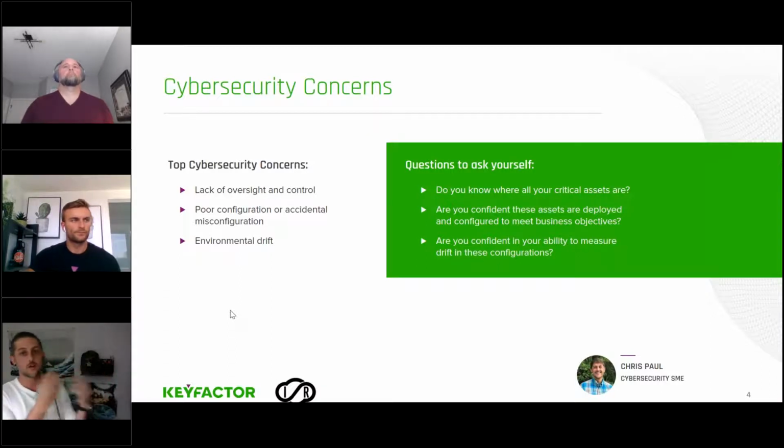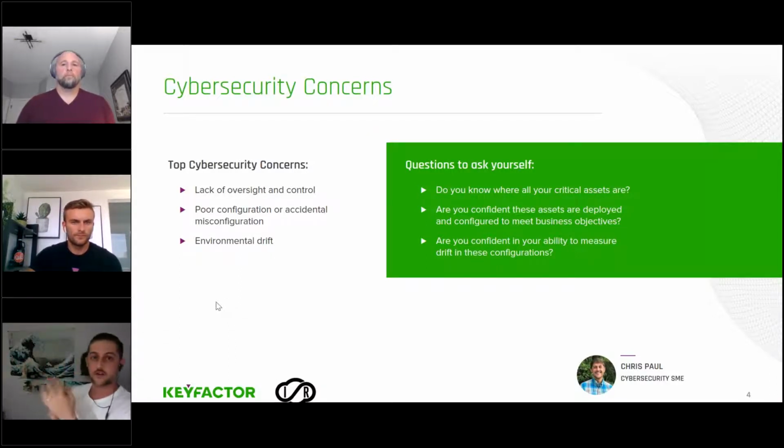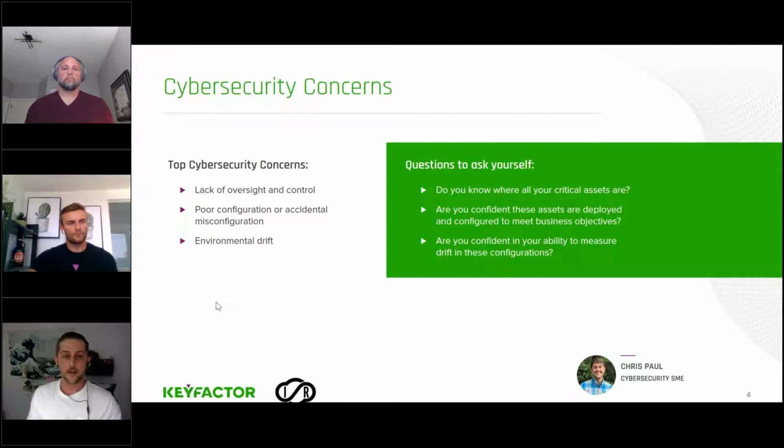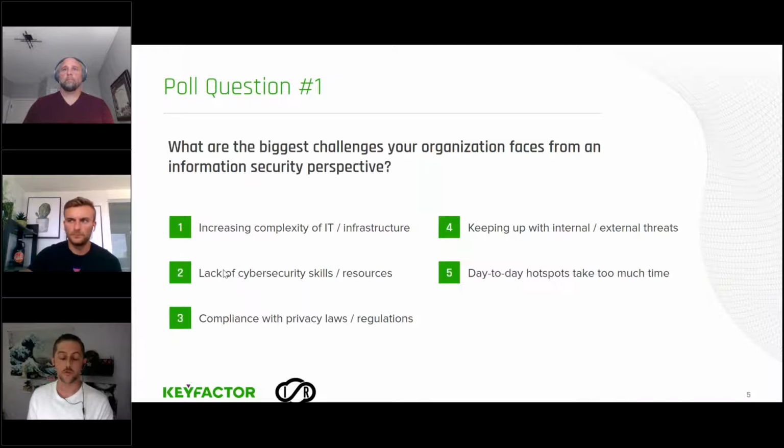Yes, you're getting alert logs from one place, and yes, you're getting alert logs from another place. But as you start to think about your security identity, are you seeing the holistic view of how secure you are? Are your security controls working effectively? So thank you. Now we're at the first poll question, so I'll pass it back.